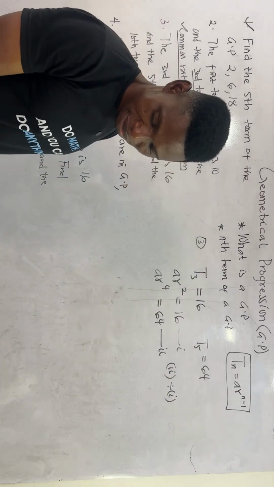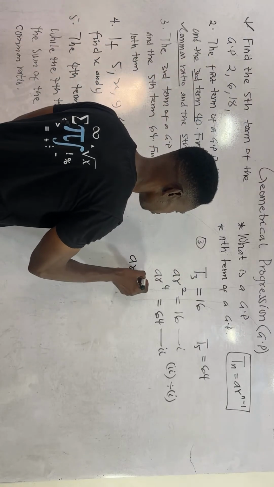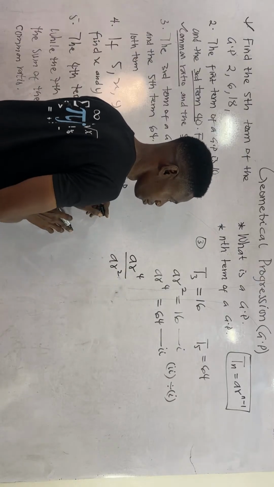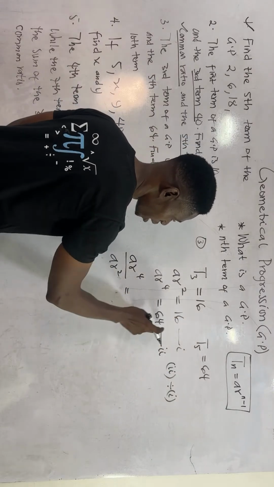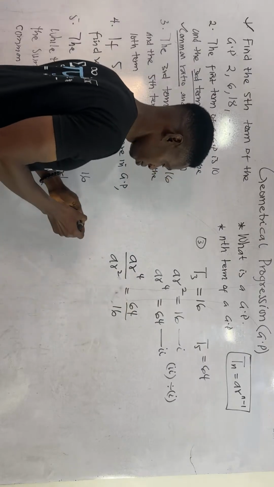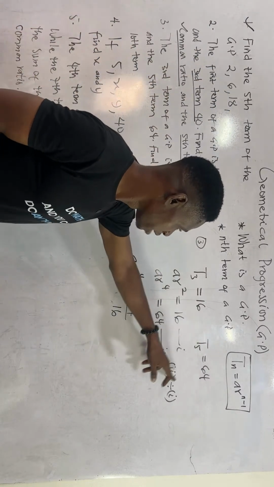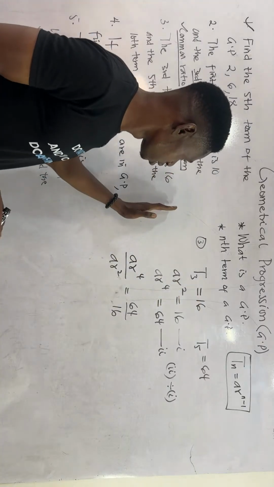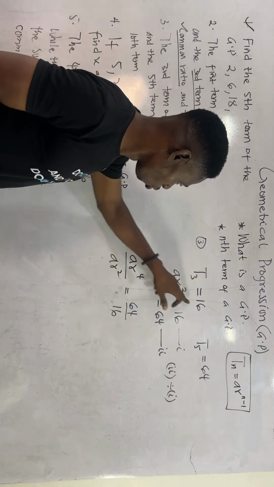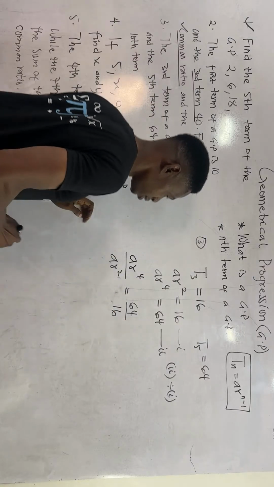So on the left-hand side, equation 2 gives AR⁴, divided by equation 1, which is AR², equal to, on the right-hand side, equation 2, 64, divided by equation 1, 16.